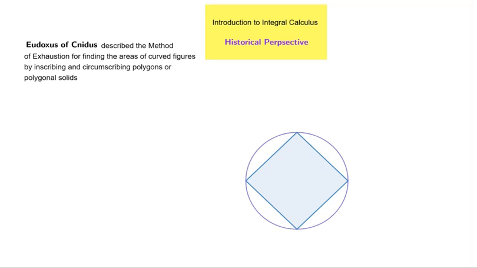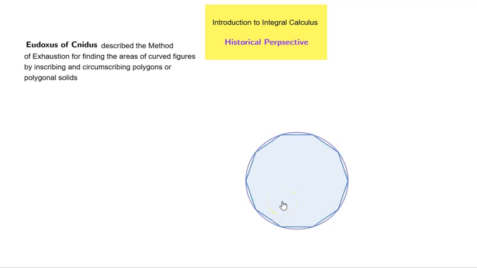We increase the number of sides of the polygon. So we inscribe a hexagon. Now what has happened? The gap between the polygon and the circle, the difference in the areas, has reduced. Again, we increase the number of sides of the polygon. Now we have 8 sides. So we have reduced the difference between the area of the circle and the polygon.